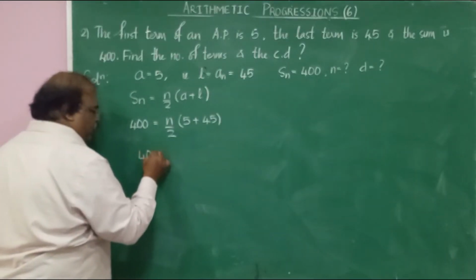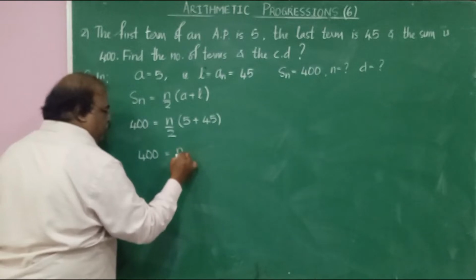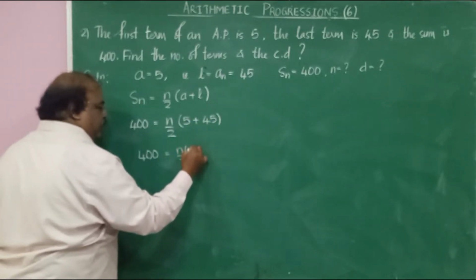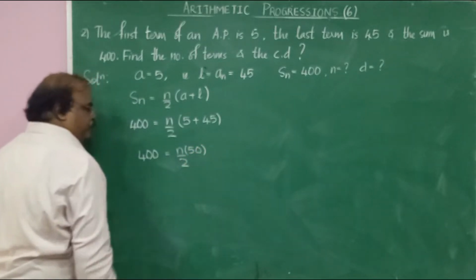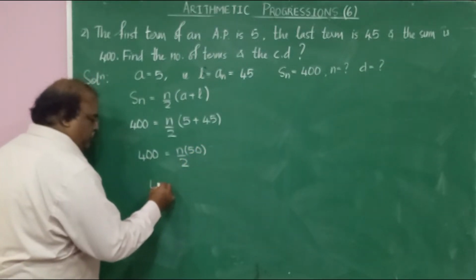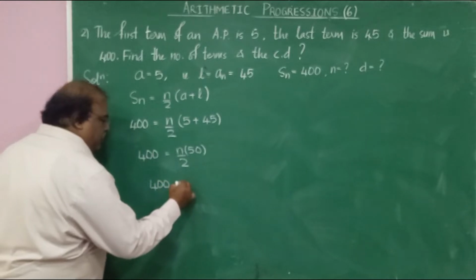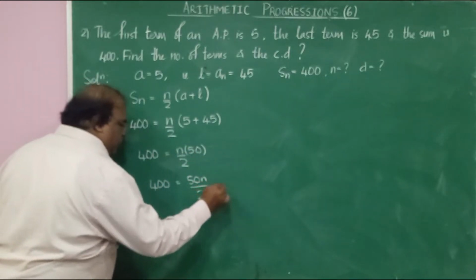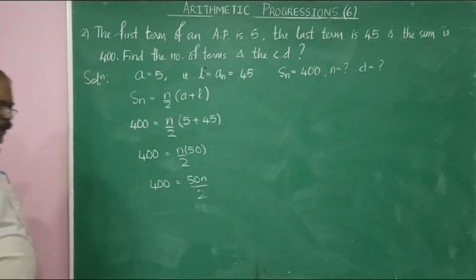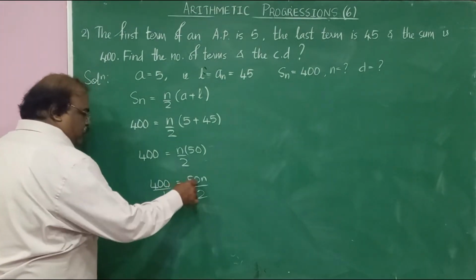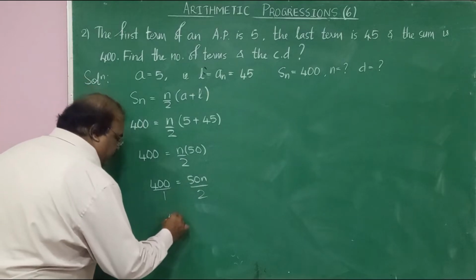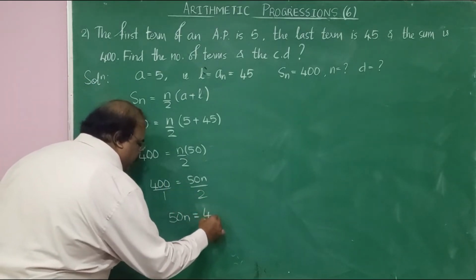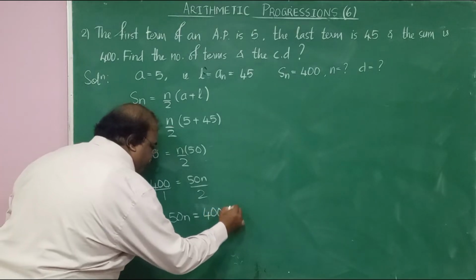The last term is 45. So I get 400 is equal to n upon 2 into 45 plus 5, which is 50. So you get 400 is equal to 50 into n, that is 50n upon 2. So let me cross multiply. 50n is equal to 400 into 2.